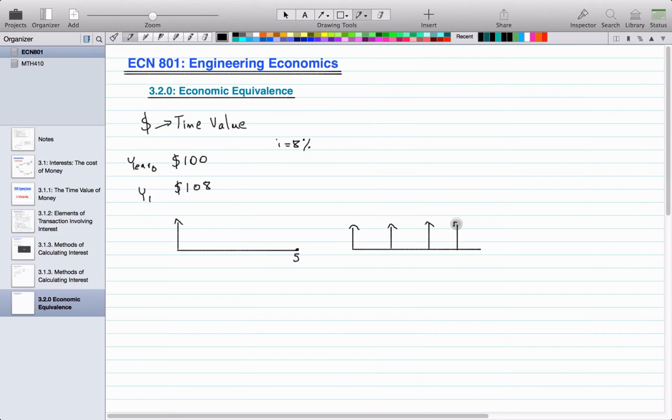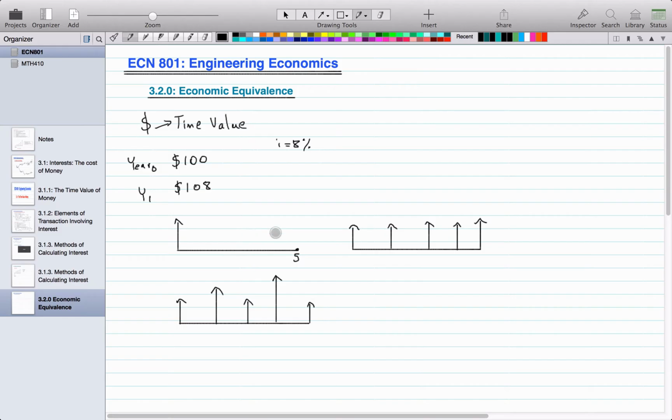Now these two cash flows are obviously different, right? And then there are other types of cash flows that don't really follow any pattern.